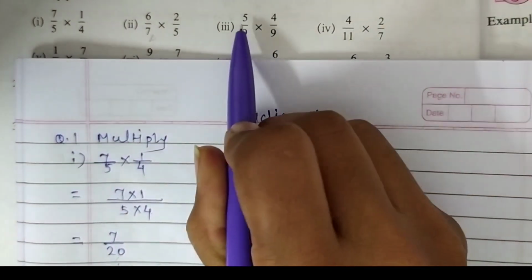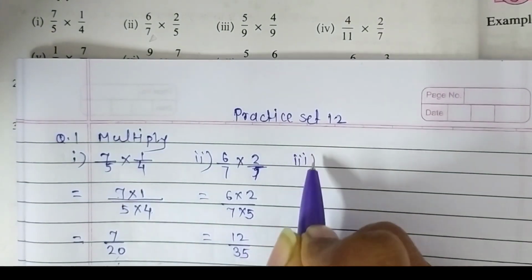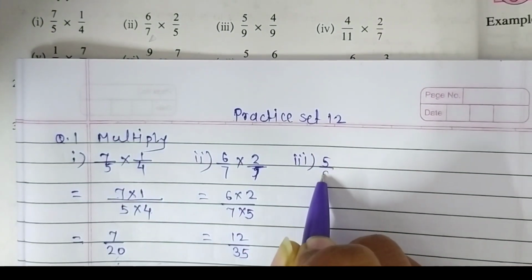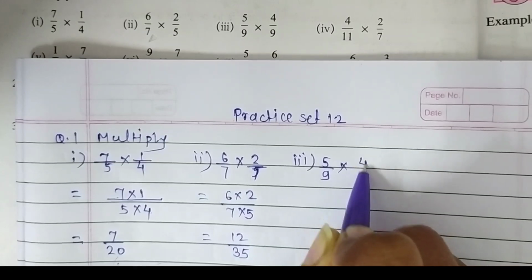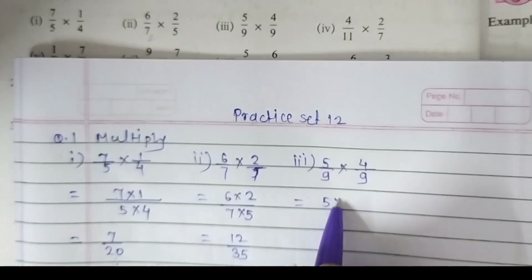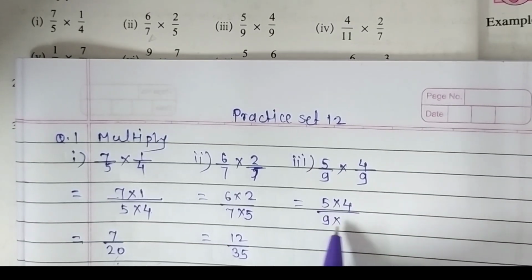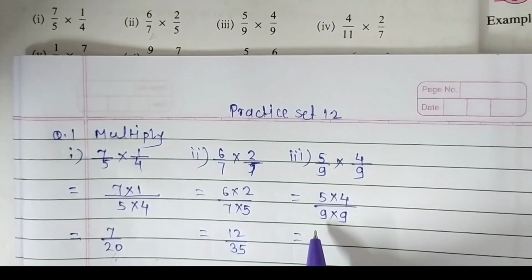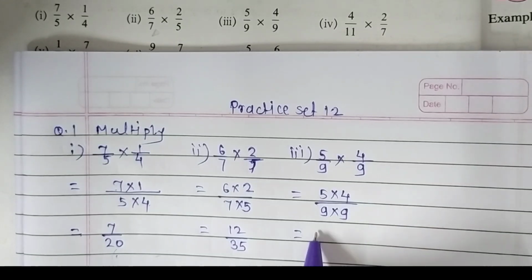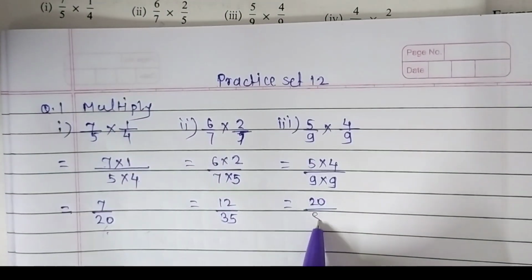Let's solve the third problem. It is 5 upon 9 multiply by 4 upon 9. Just multiply both numerators and denominators of the given fractions. 5 multiply by 4 it's 20 and 9 multiply by 9 it's 81.